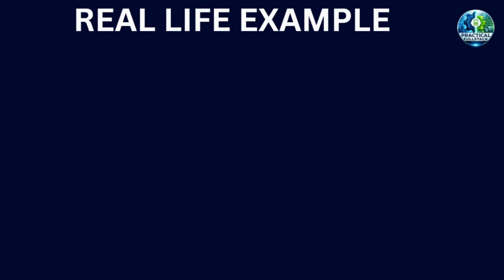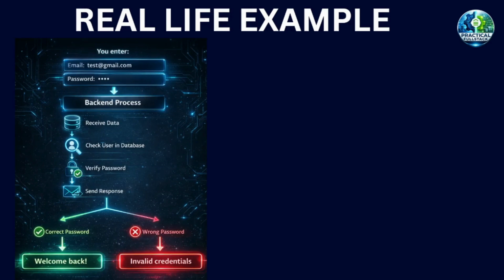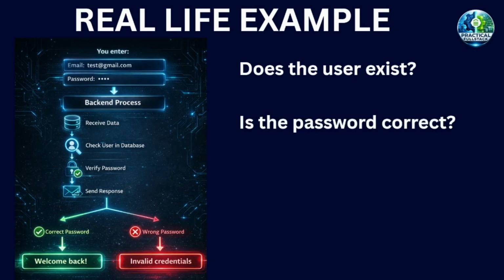Let's see how this actually looks in a real situation. Take a look at this. You enter your email and password and click login. Now the backend process starts. First, it receives your data. Then it checks whether the user exists in the database. If the user is found, the next step is to verify the password.